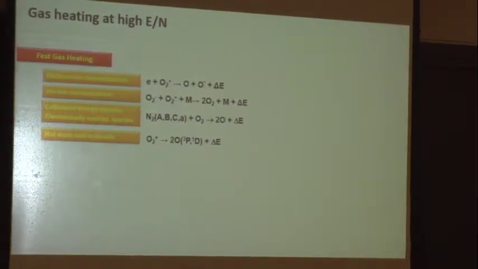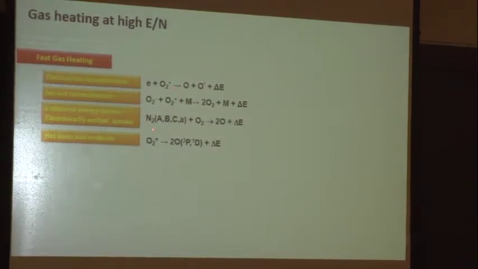And there's another way: the electronically excited nitrogen collides with oxygen and you generate atomic oxygen, and then there's some energy surplus. This energy surplus is collisional energy transfer, and it can generate heating too.